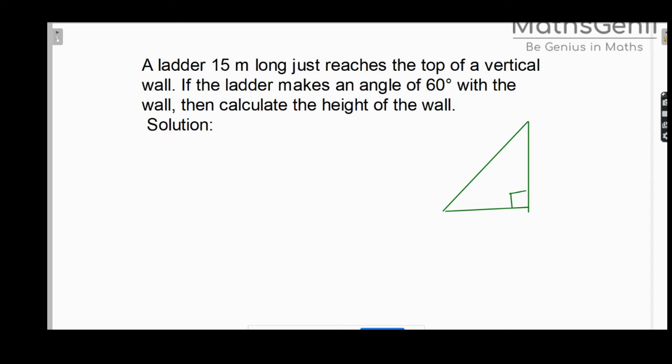So if I give you a visual representation, he's telling me there is a wall, and on that wall I have to climb using a ladder.